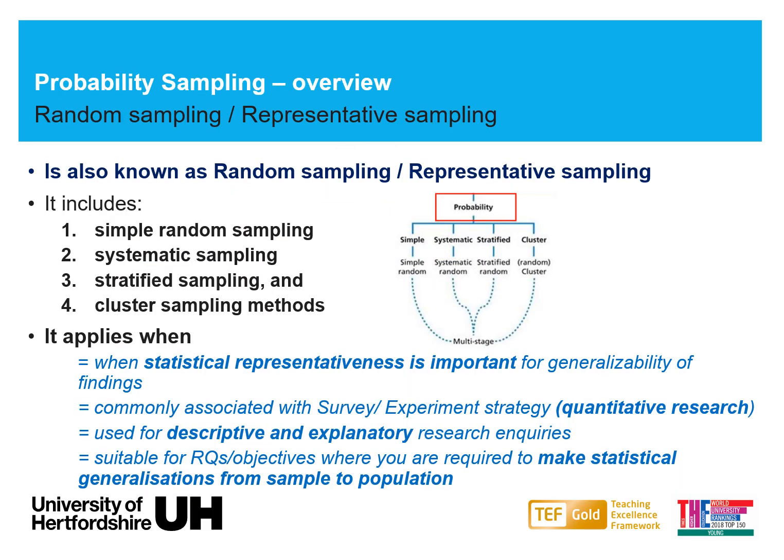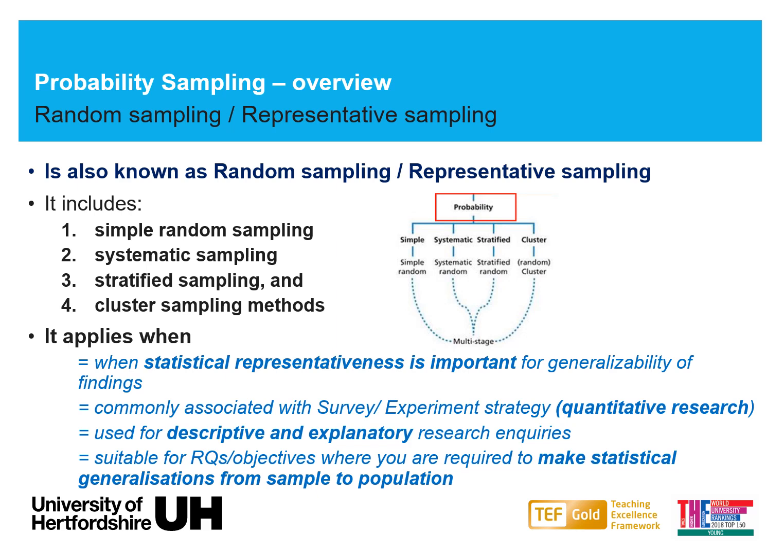So probability sampling is also known as random sampling or representative sampling. As Saunders pointed out, there are 4 types of sampling methods under probability: simple random, systematic, stratified, and cluster sampling. Probability sampling methods are normally applied when statistical representativeness is important for the generalization of your research findings.